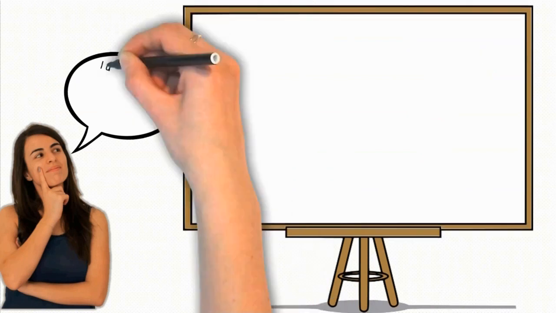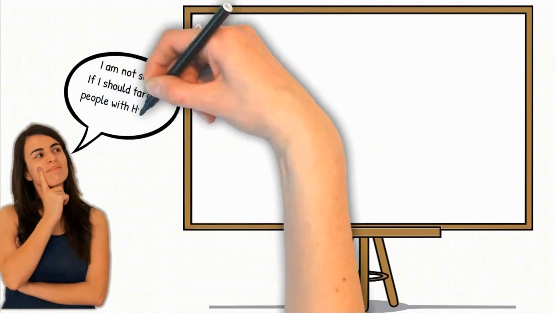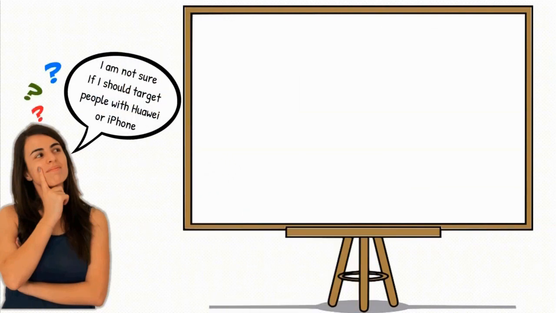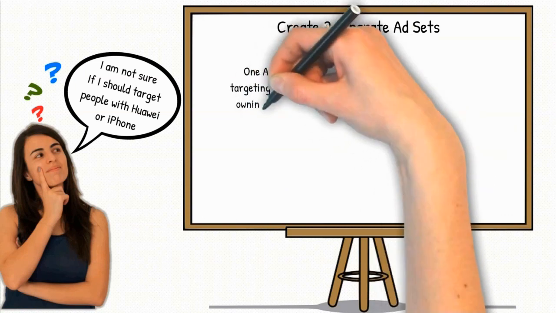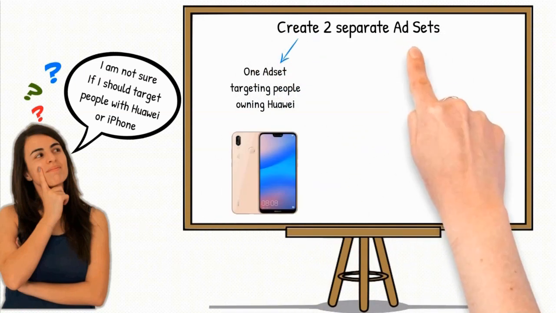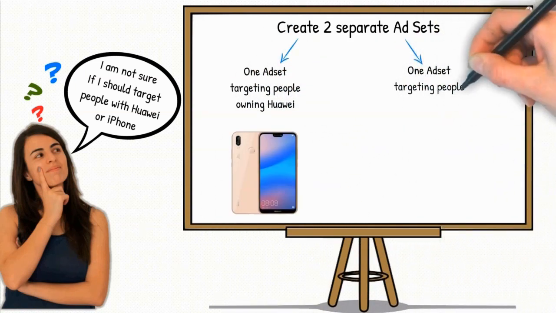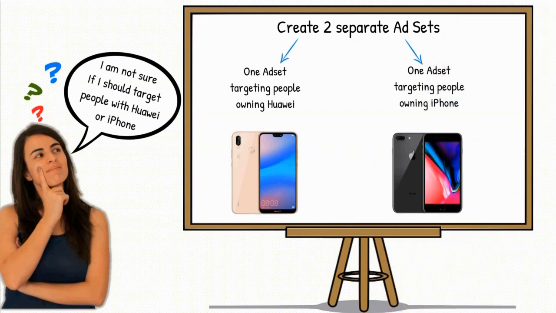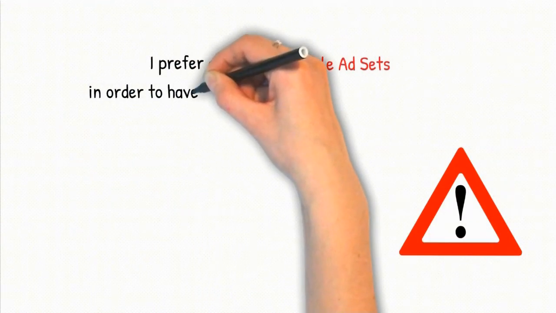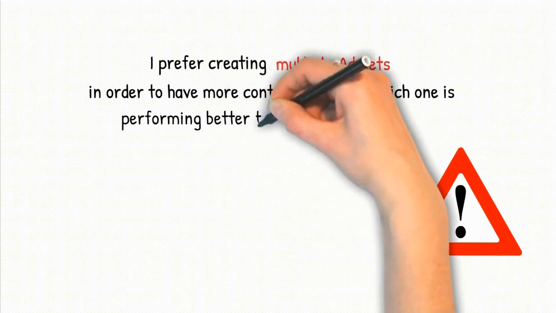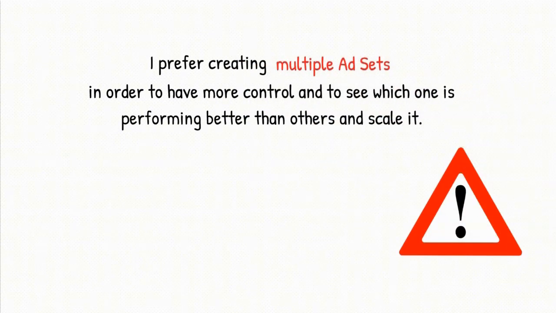Another example: if I suspect that people having a Huawei will be more interested in my product than people having an iPhone, I will create 2 different ad sets, each one targeting people having a specific phone, and see which one converts better, then shut down or optimize the other. Personally, I prefer creating multiple ad sets in order to have more control and to see which one is performing better than the others and scale it.